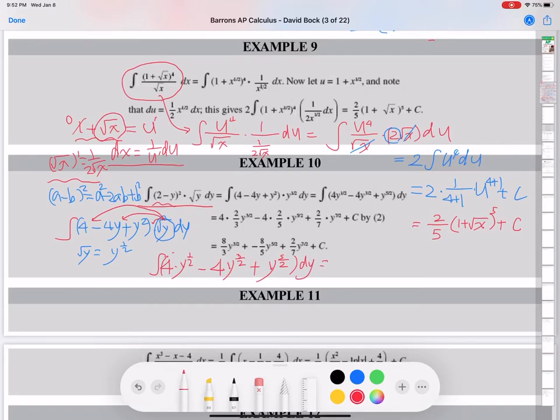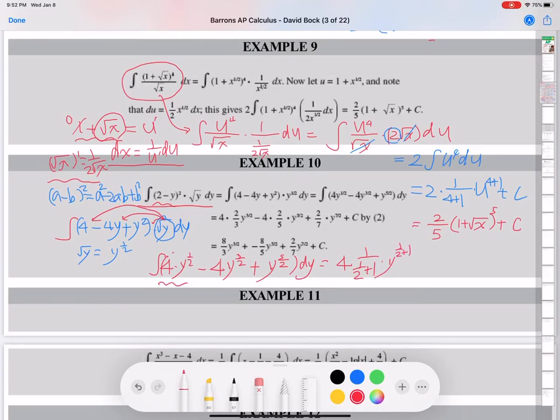Now find each term's integral. 4 times y to the 1/2 power. That part, 4 is the coefficient, and then y to the 1/2 power, so n is 1/2, 1 over n plus 1 times y to the n plus 1 power.